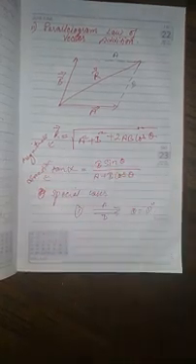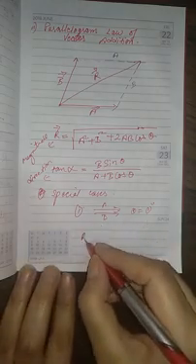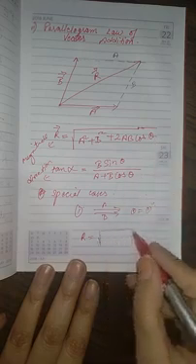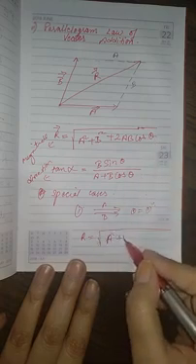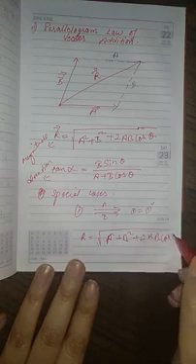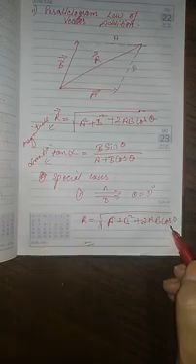So if theta is 0, then R is equal to, in place of cos theta I'm writing cos 0, under root a square plus b square plus 2ab cos 0. Now cos 0 degree is 1.